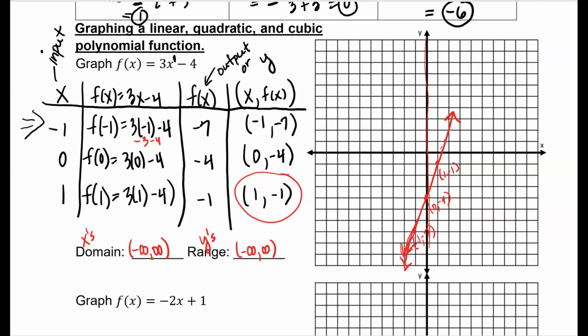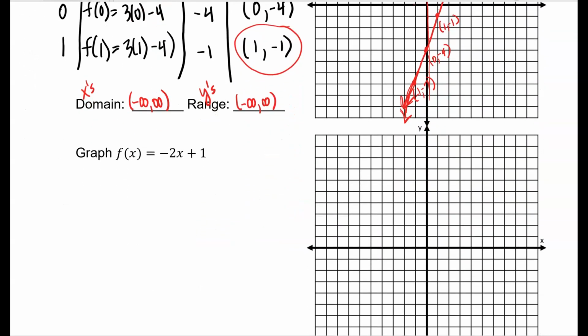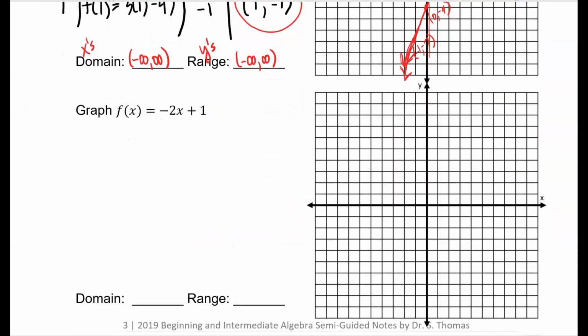Let's move on to the next function. The next function is f of x equals -2x plus 1. So we're going to choose the same numbers for our x, -1, 0, and 1. And we're going to plug those numbers in to our function. F of x equals -2x plus 1.